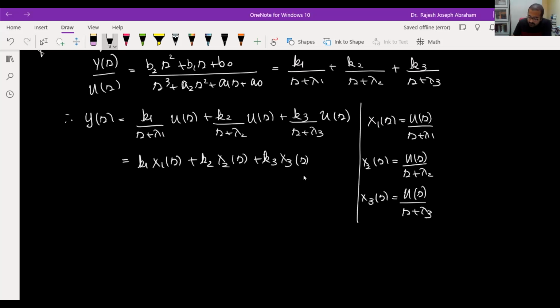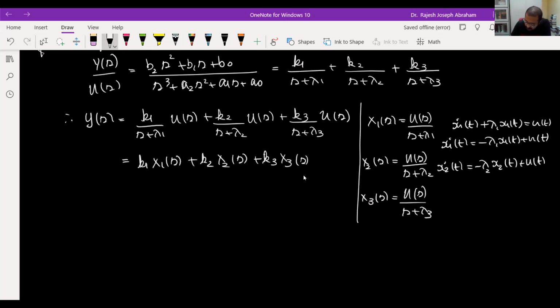In the time domain, if you cross multiply, you will get x1 dot of t plus lambda 1 x1 of t equal to u of t, or x1 dot of t equals minus lambda 1 x1 of t plus u of t. Similarly, you will get x2 dot of t equals minus lambda 2 x2 of t plus u of t, and x3 dot of t equals minus lambda 3 x3 of t plus u of t.